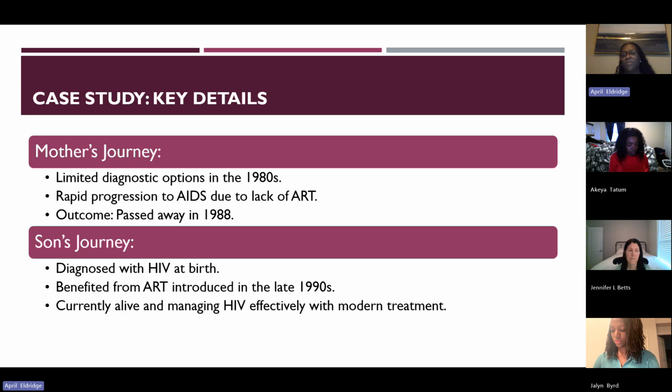He's healthy, he runs marathons, and he pretty much is living with it now just like my brother, because the therapy that they have now, they didn't have it back then. So back to my brother, he's healthy. He's 36 years old, and he was able to live a healthy life after my mom died with ART.